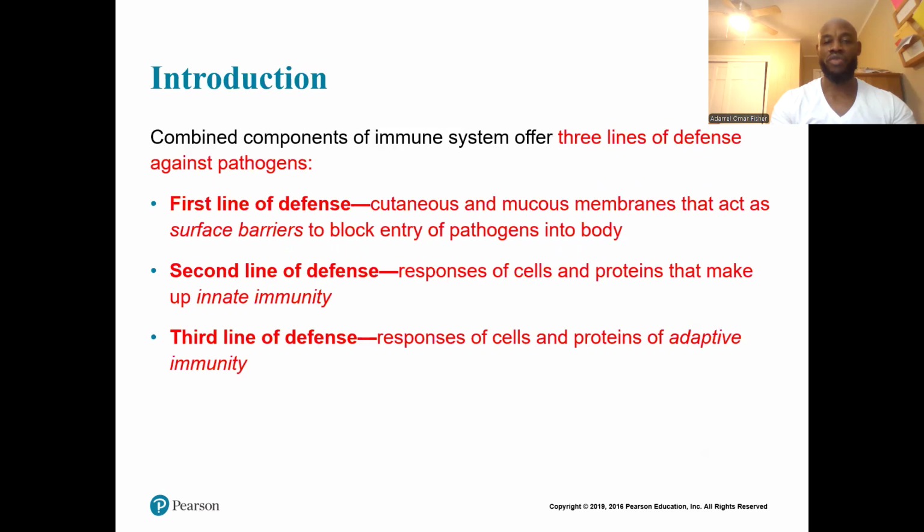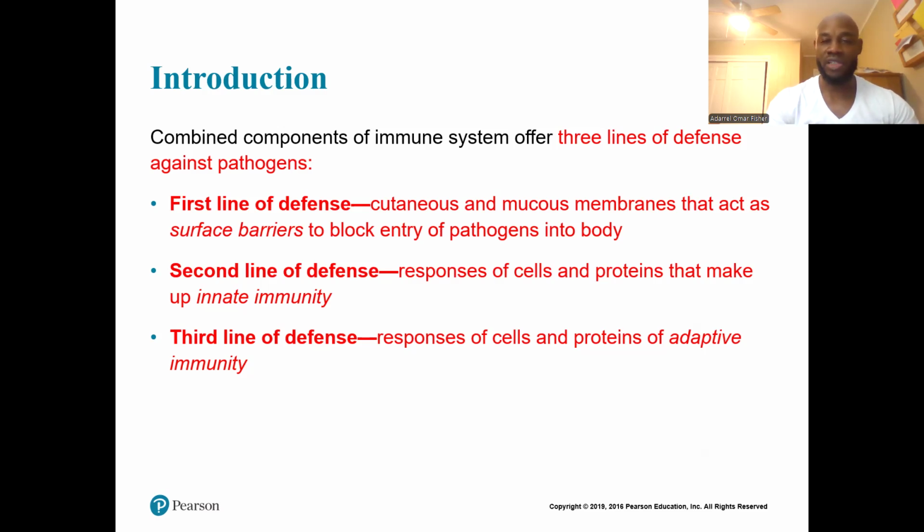So the overview of the immune system, we have three lines of defense against pathogens, and we kind of briefly mentioned them, but it goes into a little bit more detail, and we'll get even more detail. So our first line of defense is cutaneous, your skin, mucous membranes that trap or block pathogens from entering the body.